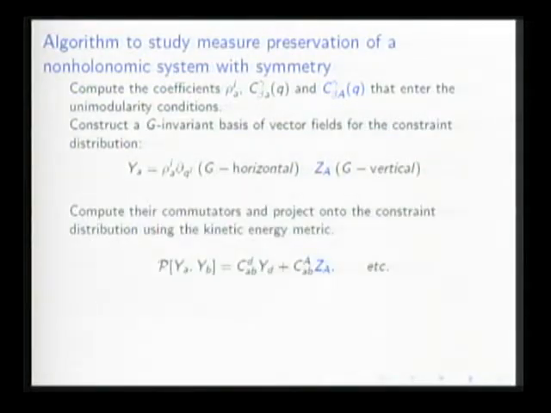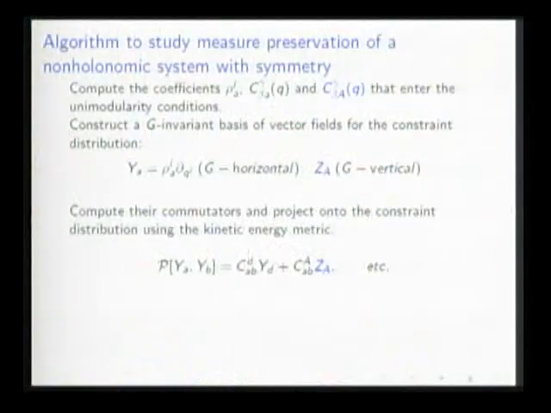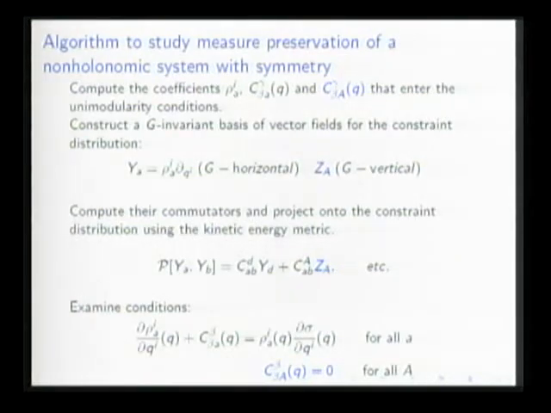Then you take their commutators and project using the kinetic energy metric. When you take commutators of these vector fields, you stick out of the distribution because you're non-holonomic. Then you project back, and you can write what you get in terms of the basis. Those coefficients are the C's that enter the unimodularity conditions. Then you just examine these conditions.